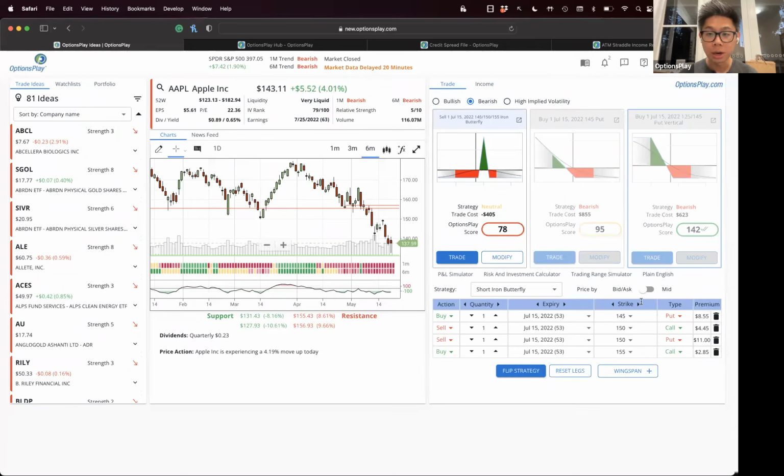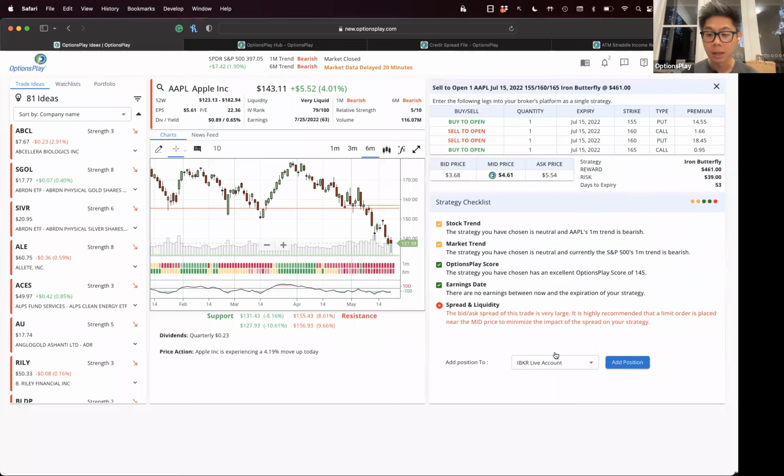So let's say you're bullish on Apple and you want to trade an iron butterfly here for a move higher. What you can do is click on the trade button and say, I want to add this to my paper trading portfolio because I've never traded this before. And when you click on add positions, you can now have this iron butterfly in your paper trading portfolio, and you can track this trade and see how it does over a period of time.